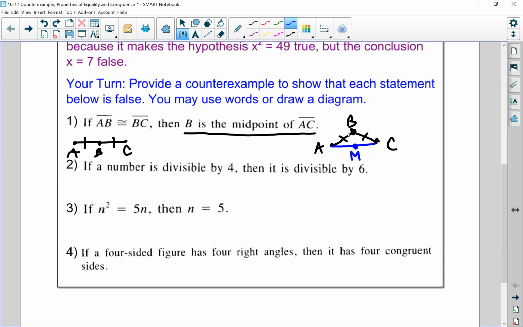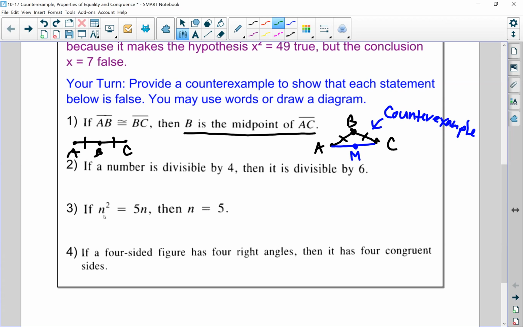So point B is not the midpoint of AC in this picture. It is not always the case that just because AB is congruent to BC, B is the midpoint. We have successfully found a counterexample based on this diagram that I've drawn. So we'll label it counterexample. And let's try another case below, number 3.